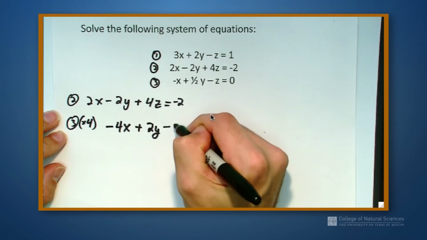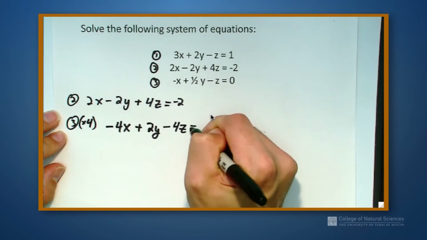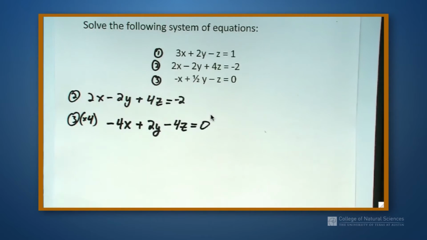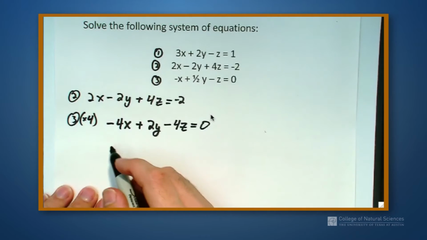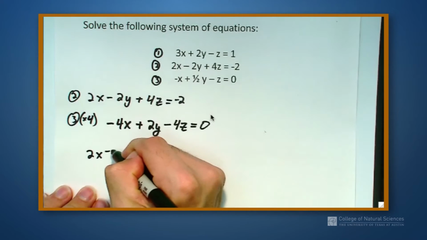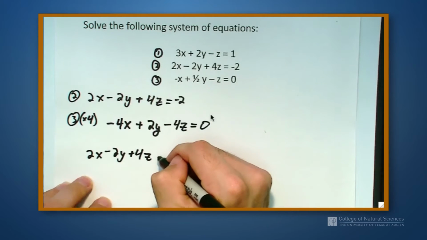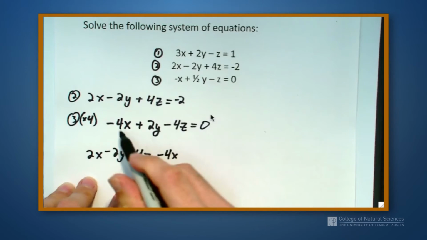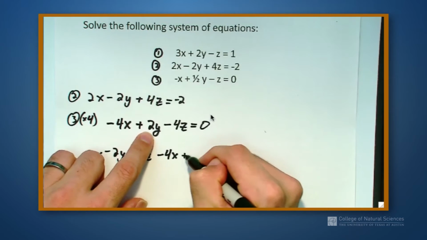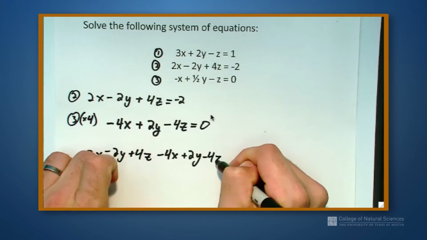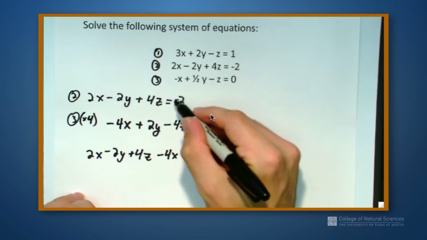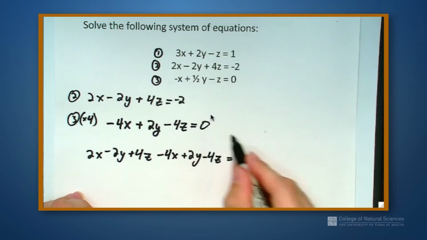And I'm going to get minus 4z equals 0. So again, I'm going to combine these two equations. 2x minus 2y plus 4z minus 4x plus 2y minus 4z is equal to minus 2 plus 0.